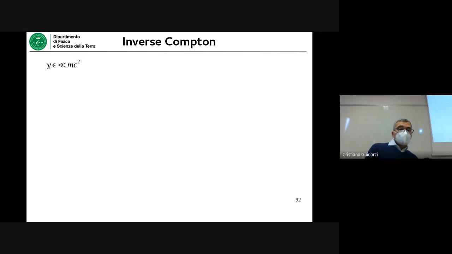So let's review a few practical examples, astrophysical examples of course, where the inverse Compton can be relevant.